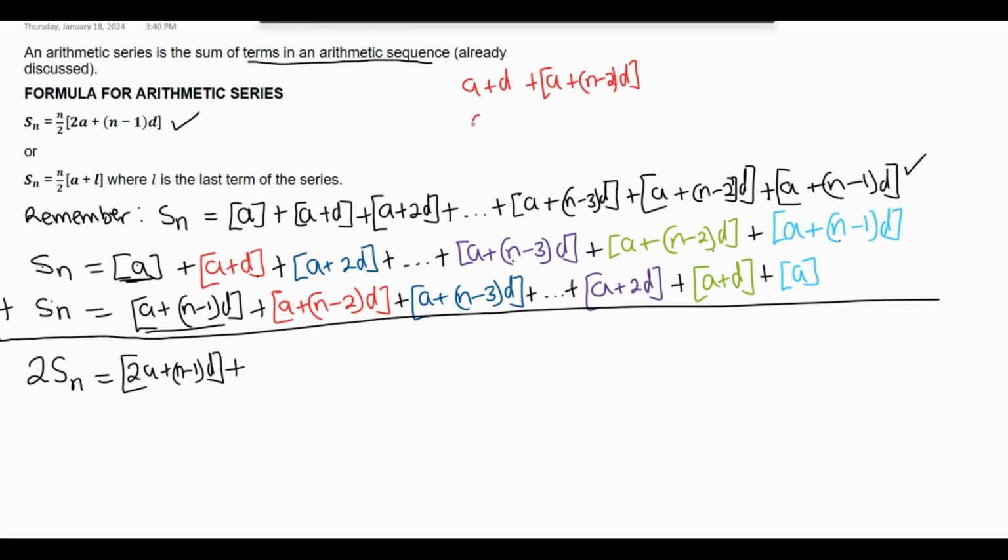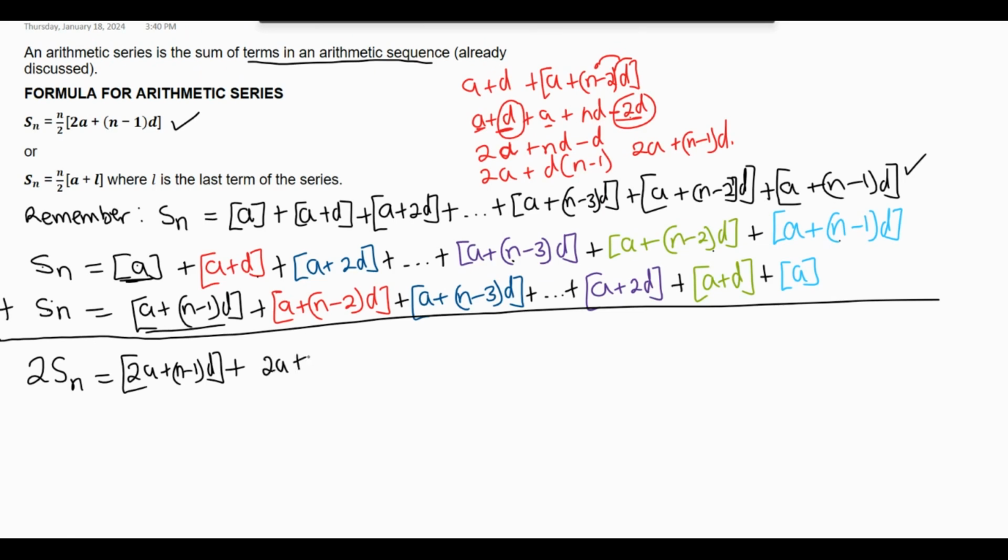Let's distribute: it's a plus d plus a plus nd minus 2d. d minus 2d is negative d, and a plus a is 2a, so we have 2a plus nd minus d. We can factor out d and get 2a plus (n minus 1)d. So adding the red ones, we again get 2a plus (n minus 1)d.